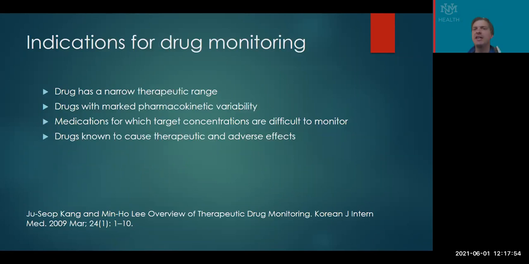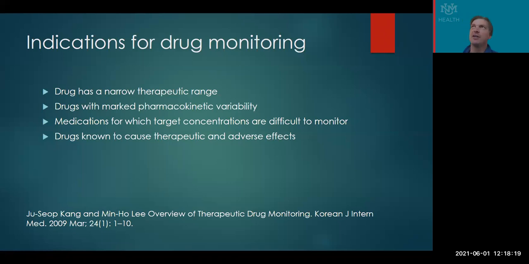So for the indications for drug monitoring, there are several papers that have looked at this, and of all places, I found one out of the Korean Journal of Internal Medicine to be helpful. Monitoring really should be done on drugs that have a narrow therapeutic range, something like warfarin, digoxin, drugs that have marked pharmacokinetic variability.